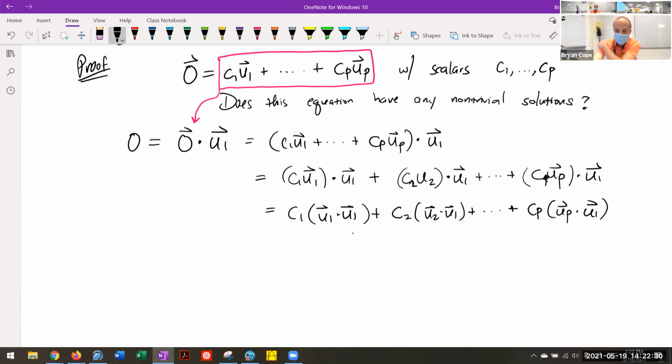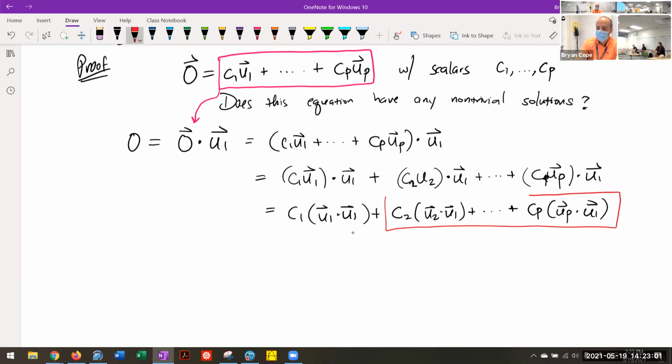Well, we know C1U1 dotted with the set is 0 because you can rearrange dot products, right? So you can pull out C1U1 out of each, and then you're left with C1U1 dotted with something. I want you to just look at these terms and tell me what you can tell me about those.